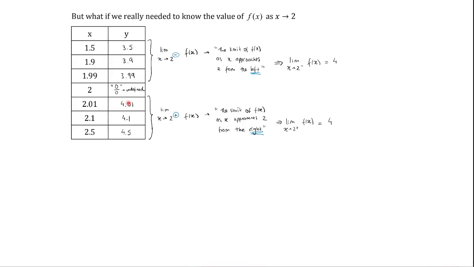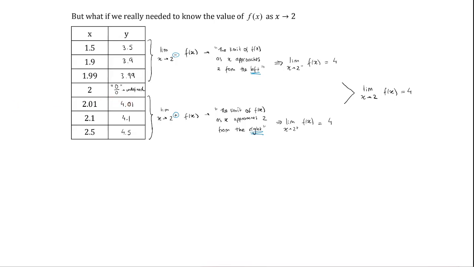And so since our one-sided limits are the same, we say that the limit itself, the full limit, the limit as x approaches 2 of f of x is equal to 4. And so our function is going to be approaching that value, okay? So the function is approaching 4 as x approaches 2.